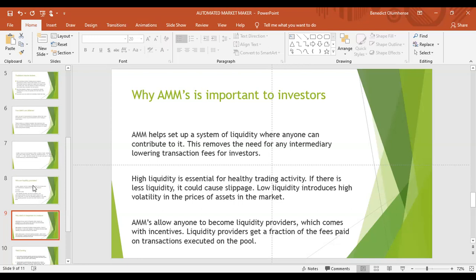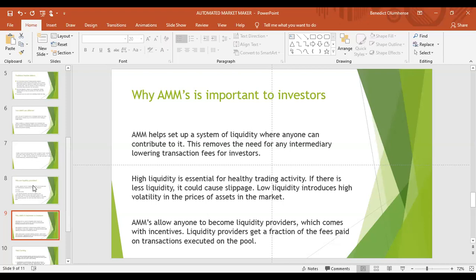and slippage is determined by percentages. If you've seen any of the AMM examples, Uniswap, PancakeSwap, and try to do a transaction, you will see that the slippage value is usually calculated in percentage. We'll get into that later on.